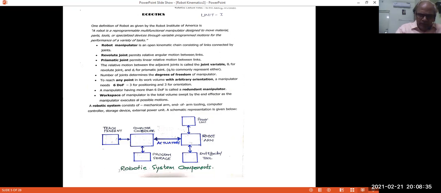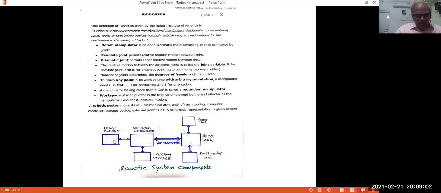Later on, the various speeds are added for the travel in between, and then it is put in a suitable code as per the program instructions that this computer can handle. So this is basically a device to teach. This is done offline, and of course, this is used mainly for pick and place type of operations.